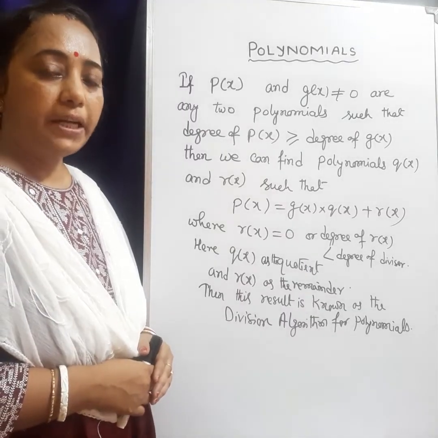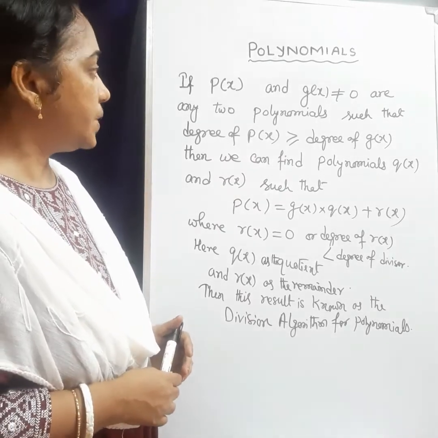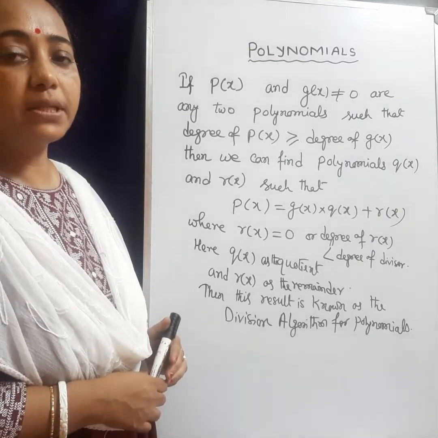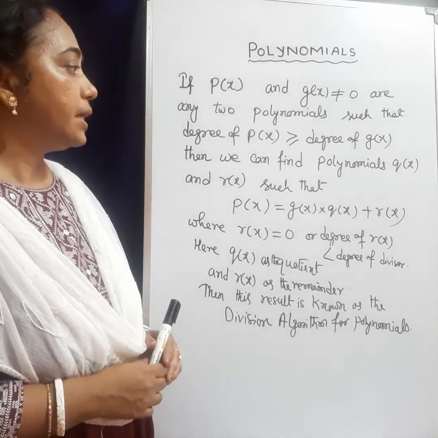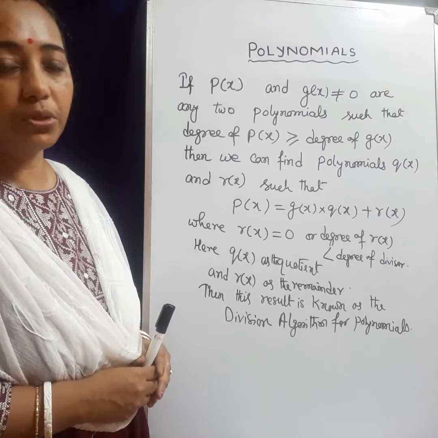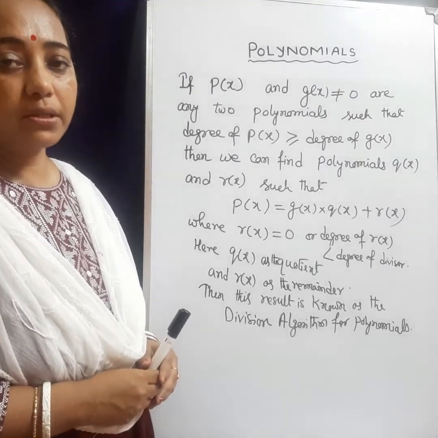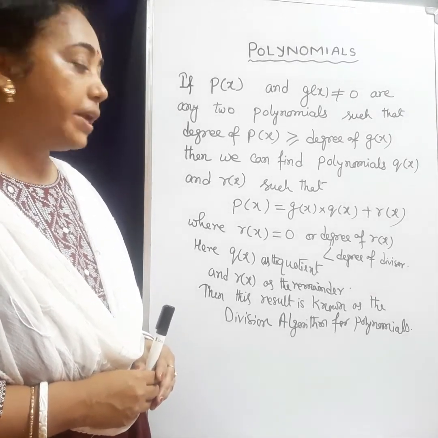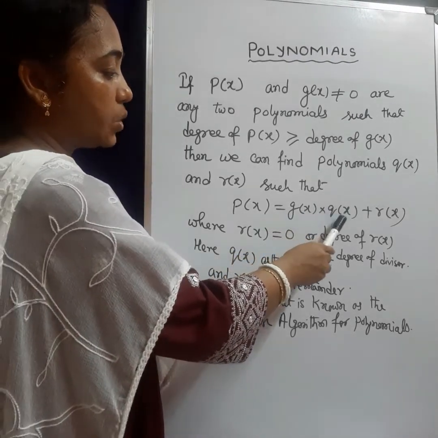Now by the division algorithm for polynomials, we can say that if p(x) and g(x) not equal to 0 are any two polynomials such that the degree of p(x) is greater than or equal to the degree of g(x), that means the degree of the dividend is greater than or equal to the degree of the divisor, then we can find polynomials q(x), called the quotient, and r(x), called the remainder, such that p(x) is equal to g(x) multiplied by q(x) plus r(x).